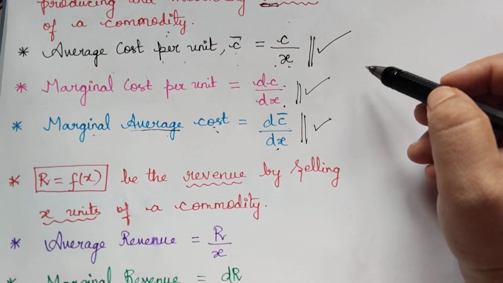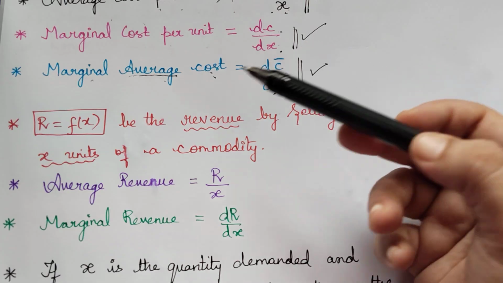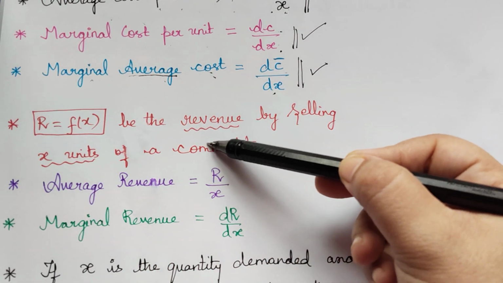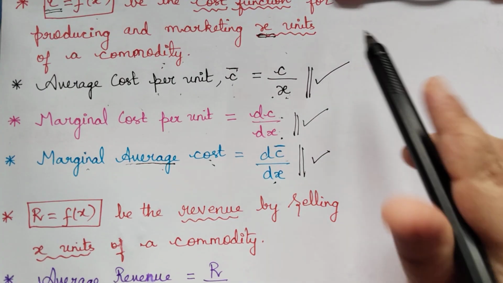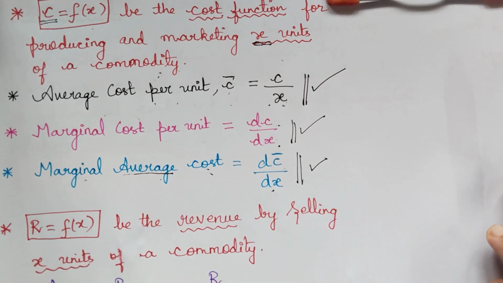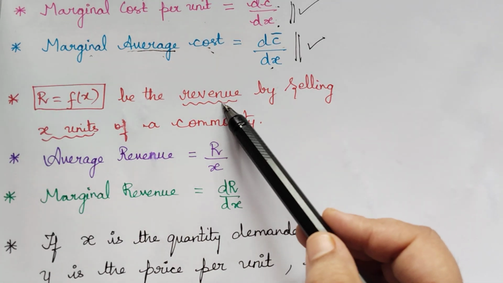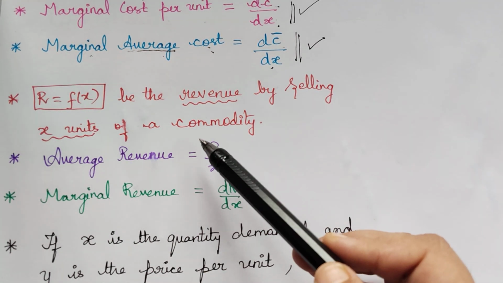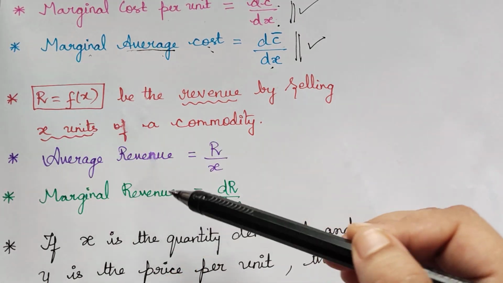Next, first we learnt about the cost, and now capital R represents the revenue by selling x units of commodity. For producing and marketing x units of commodity, the cost is represented as C. Now, after selling x units of a commodity, the revenue is represented as capital R, which will also be a function of the variable x.